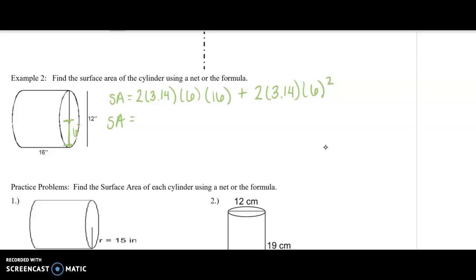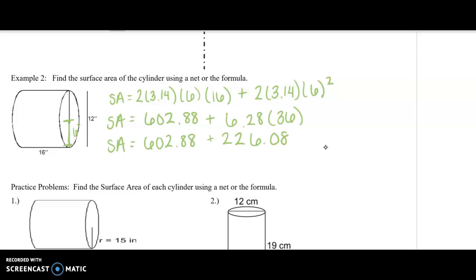So the surface area is equal to, this first one's going to multiply to 602.88 plus, this is going to be 6.28 times 36. Always want to do the exponents first. So that's 602.88 plus 226.08.